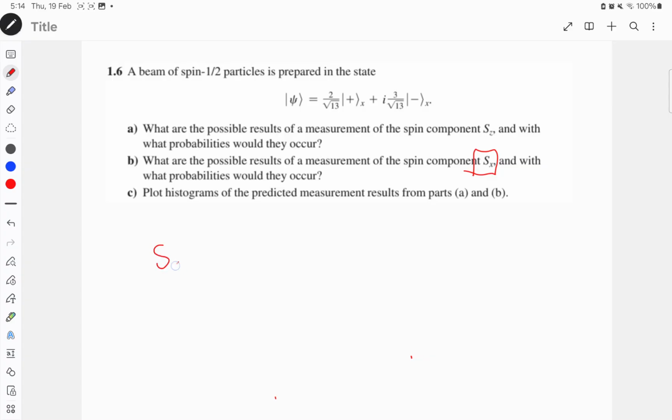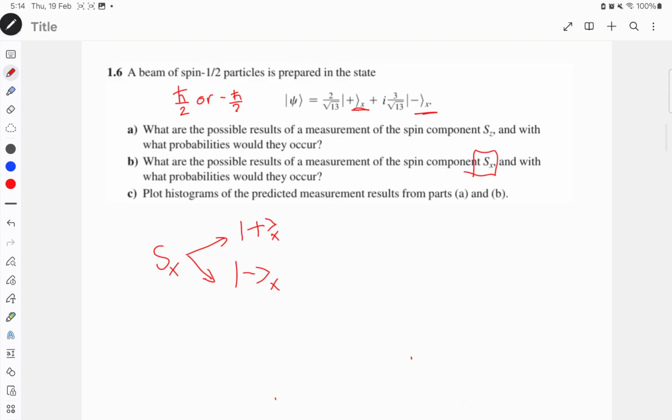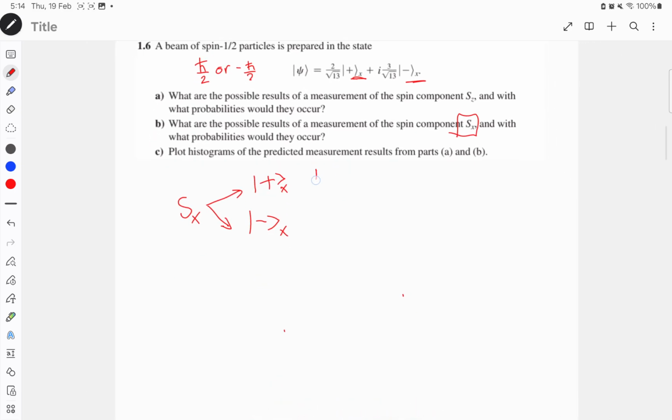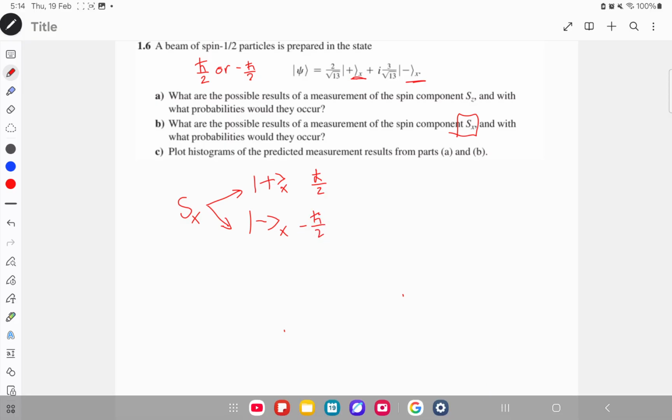Sx, we said any spin half will have two measurements, that is h bar over 2 or minus h bar over 2. That is positive or negative, but here in component x, the same as the components written here, so no need for conversion. So we'll do for the first one, so it's h bar over 2, minus h bar over 2.